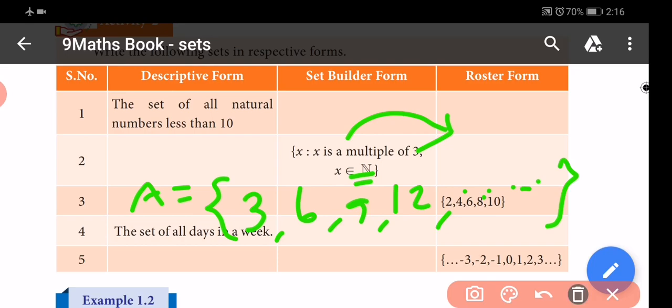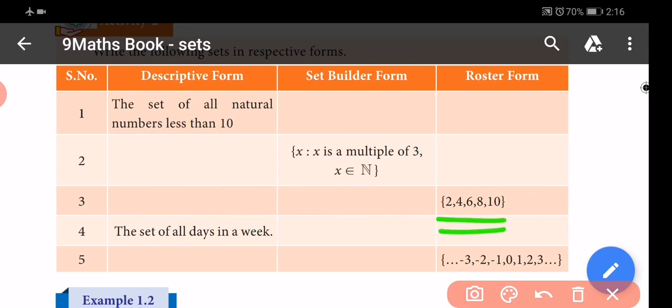Okay students, next one, third one. In roster form 2, 4, 6, 8, 10. Do you understand what numbers are given? What are the type of numbers 2, 4, 6, 8, 10? These are all even natural numbers up to 10 only.